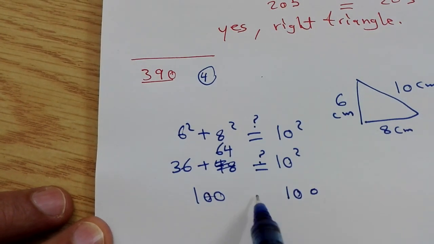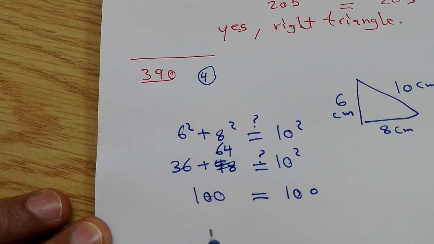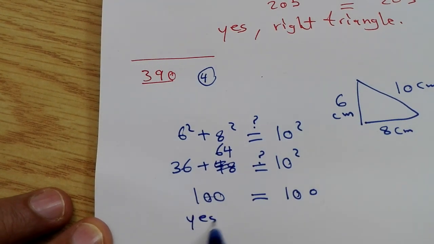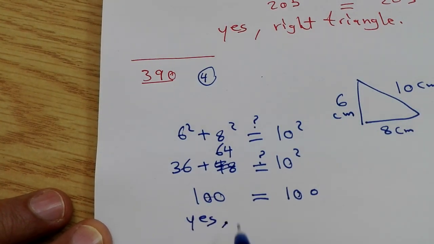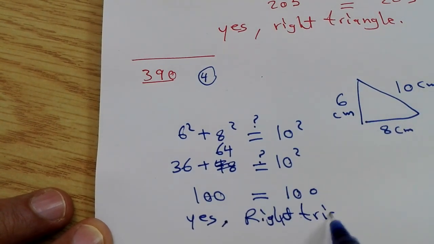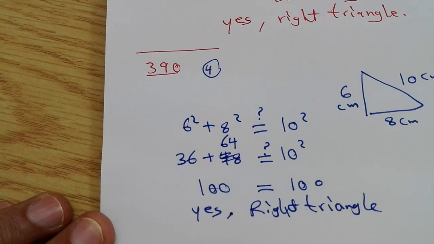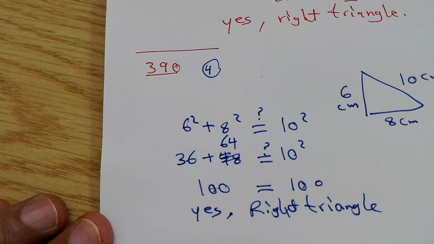Of course, they are equal. So yes, this triangle is a right triangle, and this is why. This is the reason. Now go to question 5.